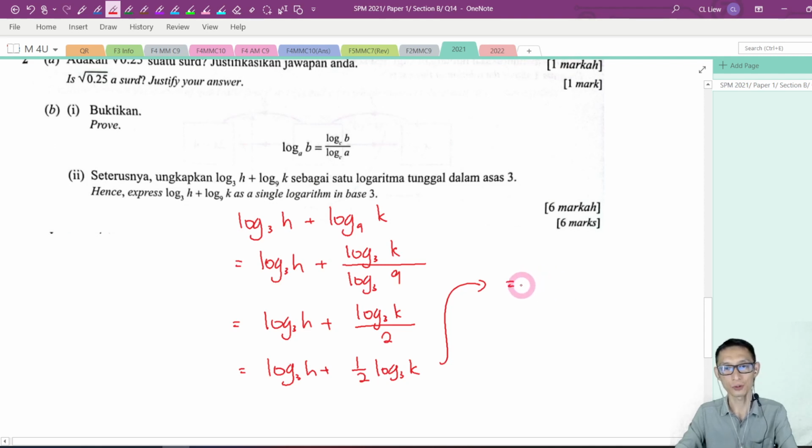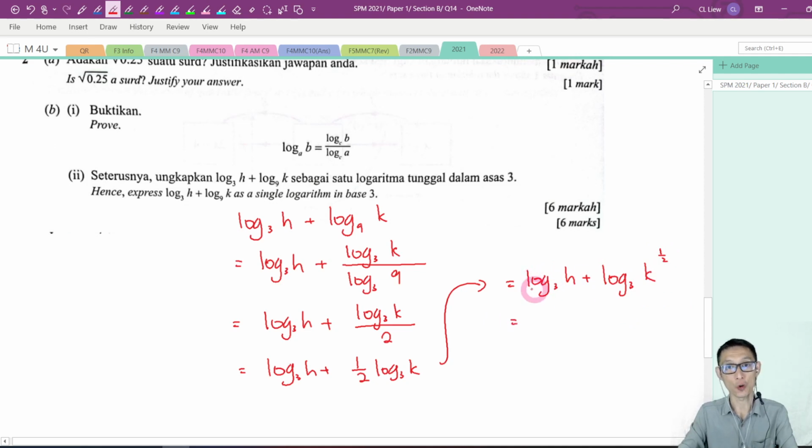Okay, let me continue doing here. Now, I'm going to bring the 1 over 2 up here. Log base 3 of 8 plus log base 3 of k to the power of 1 over 2.